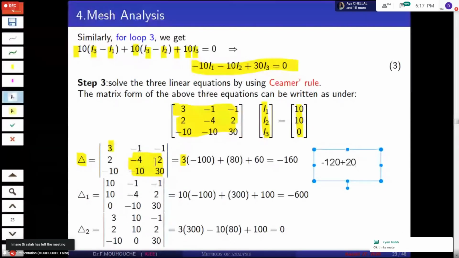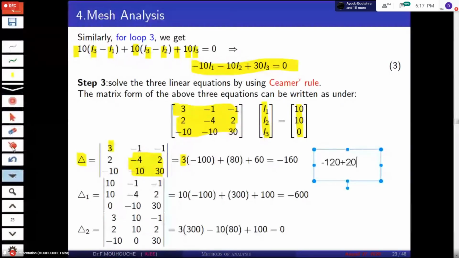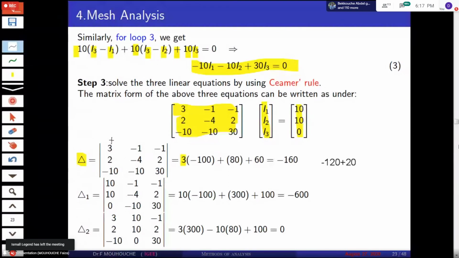This is for the first one. Now, as I said to you, here we have plus, minus, plus. Here we have plus. Now minus. Here we have the coefficient.